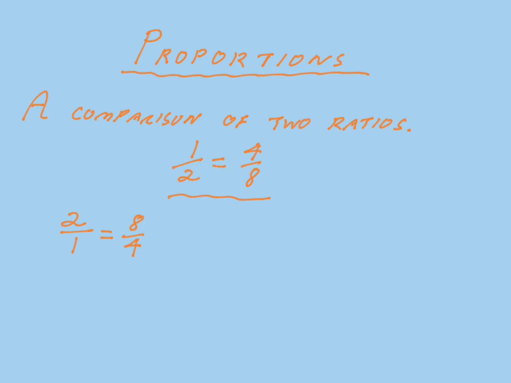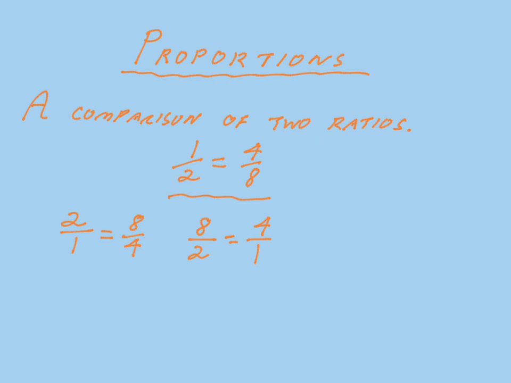What if I were to do a little bit more rearranging? What if I were to take the 8 and the 1 and flip those or change places? So the 8 would go up top on the left side. The 1 goes on the bottom on the right side, and I'll leave everything be. Is 8 divided by 2 the same as 4 divided by 1? Yes, that's also true.